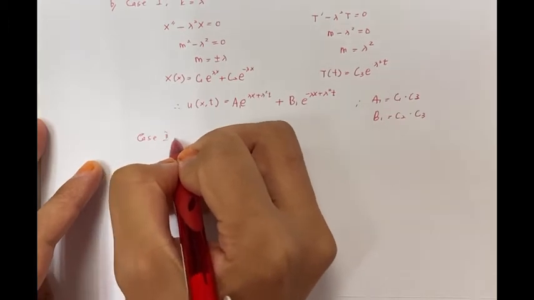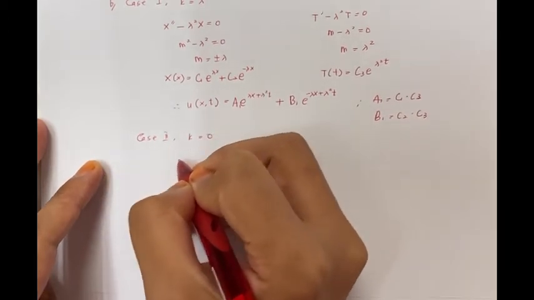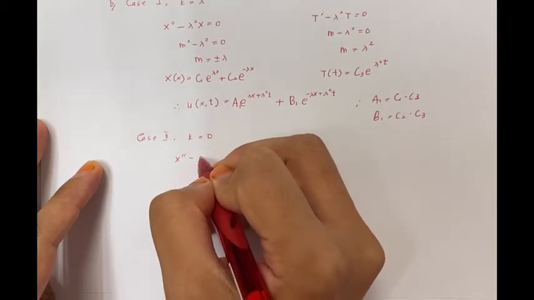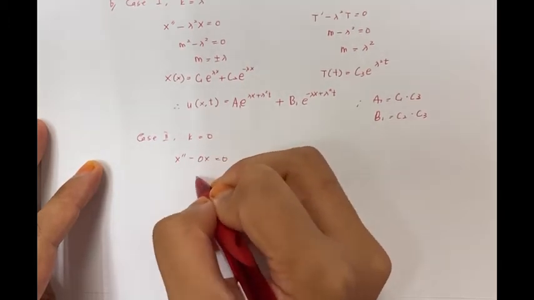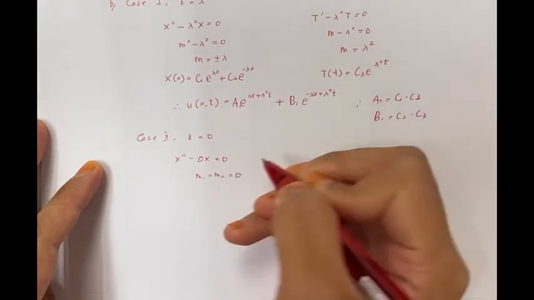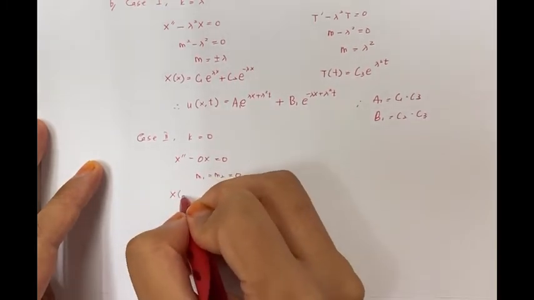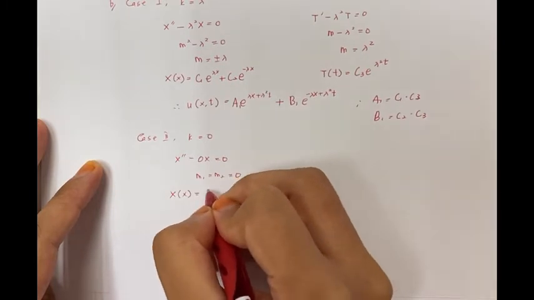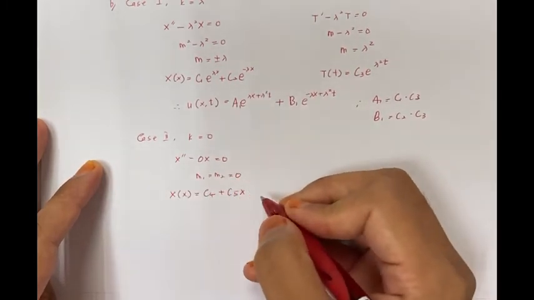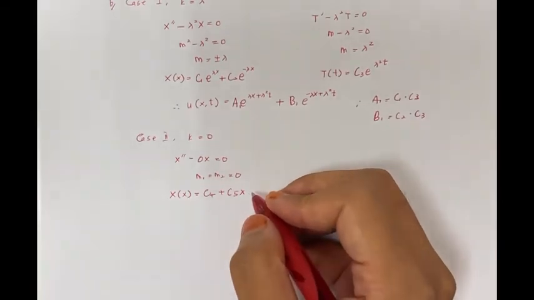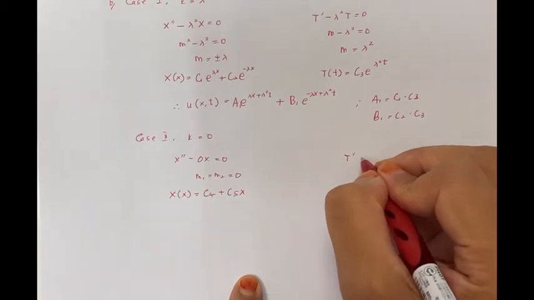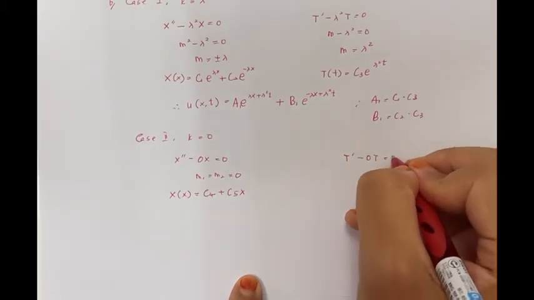Case 2, when k equal to 0. So X double prime minus 0 X equal to 0, m1 equal to m2 equal to 0. X is equal to c4 plus c5 x, since it is real but repeated. And then for T, you have T prime minus 0 T equal to 0.